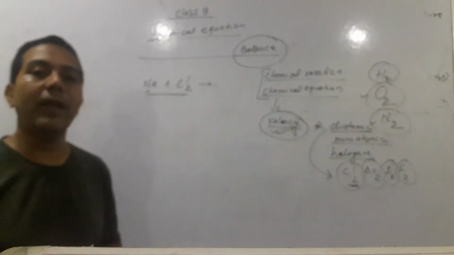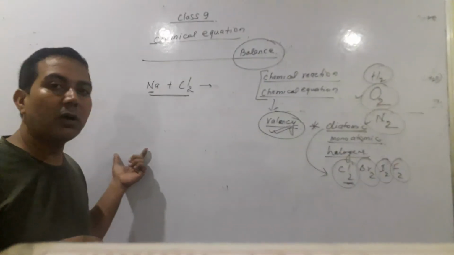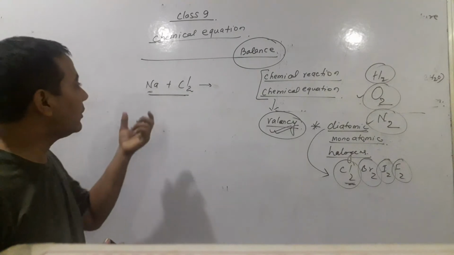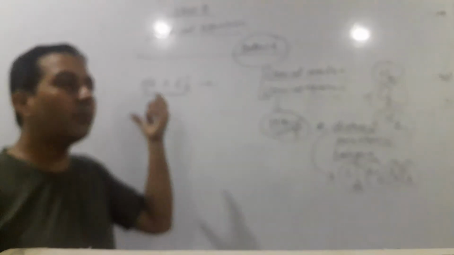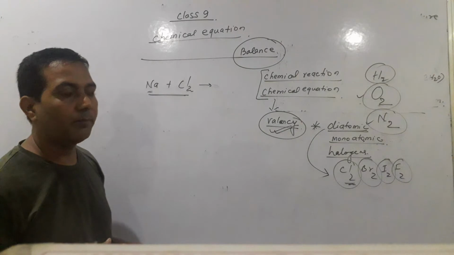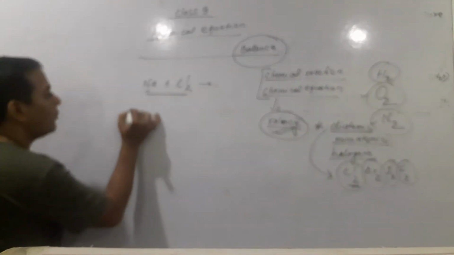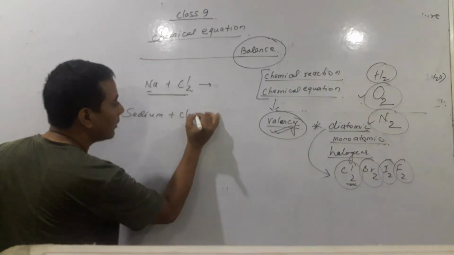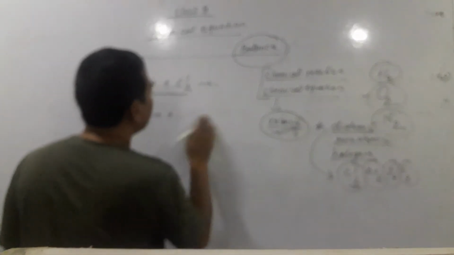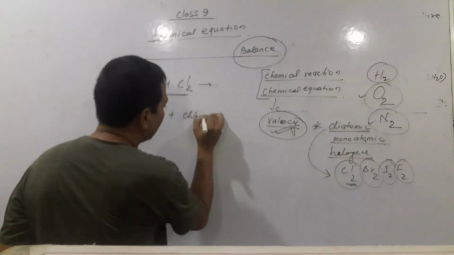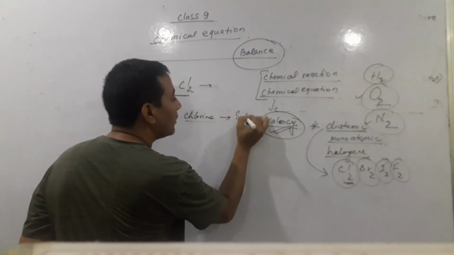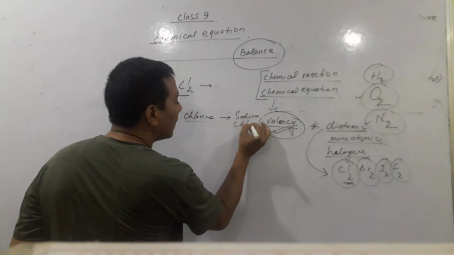Then only you can write the chemical equation, because in class 9 a word equation is given to you. So the word equations you have to convert into the molecular form. So it will be difficult. For example, sodium plus chlorine gives sodium chloride.